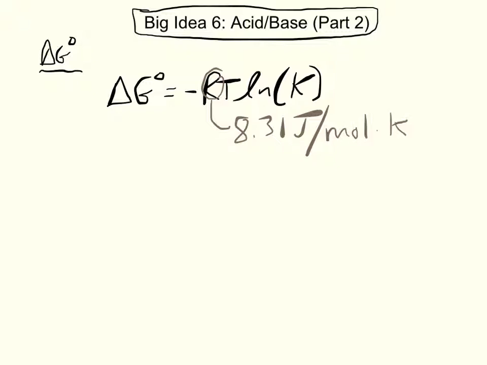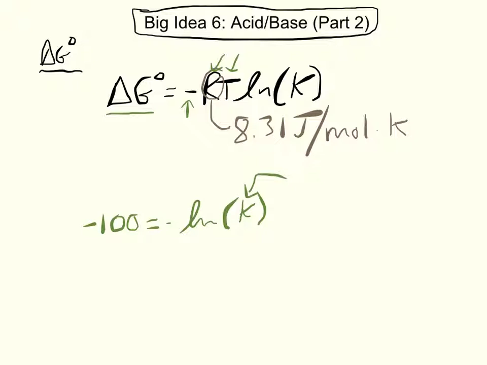So this is the relationship between these two values, and just a refresher, because of this negative sign, if delta G is a negative number, let's say negative 100, and we know that R and T are constants, essentially we have negative natural log of K, which is going to make K a positive number.